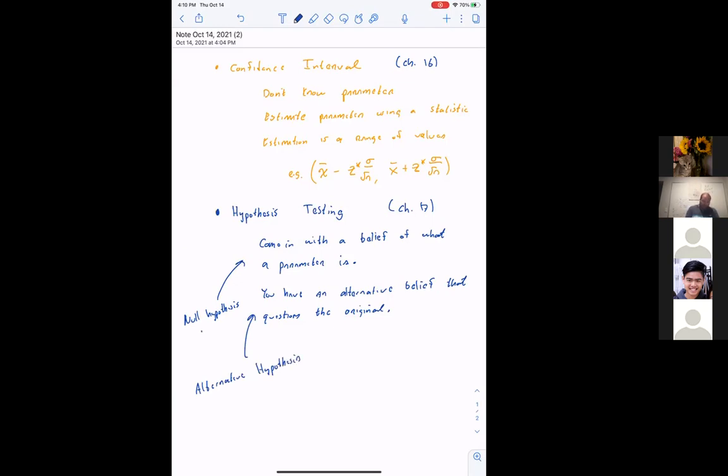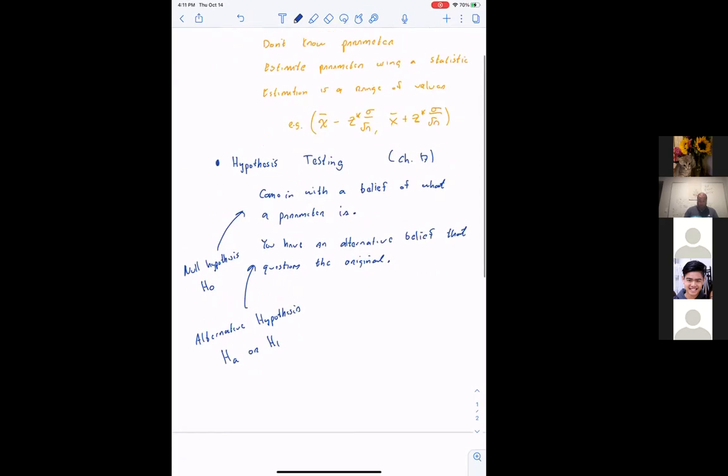The null hypothesis is oftentimes denoted by H sub 0, and the alternative will either be H sub A or H sub 1, depending on the book that you're reading. So you have the null hypothesis and the alternative hypothesis. And what are you going to do? You will perform some test.